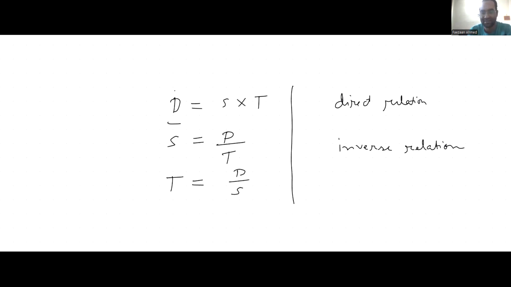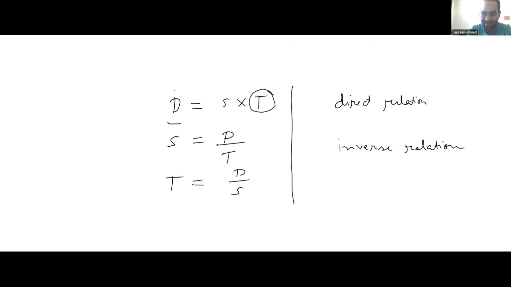So imagine you are keeping the time constant. Let's say you have a bike or a car and you are riding for 1 hour. If you ride at 50 kilometers per hour, you're going to travel 50 kilometers. But if you ride at, let's say, 70 kilometers per hour, then you're going to cover more distance.